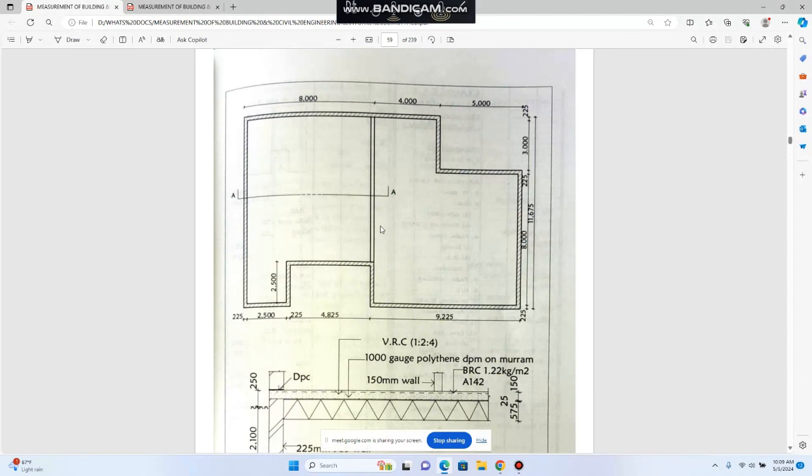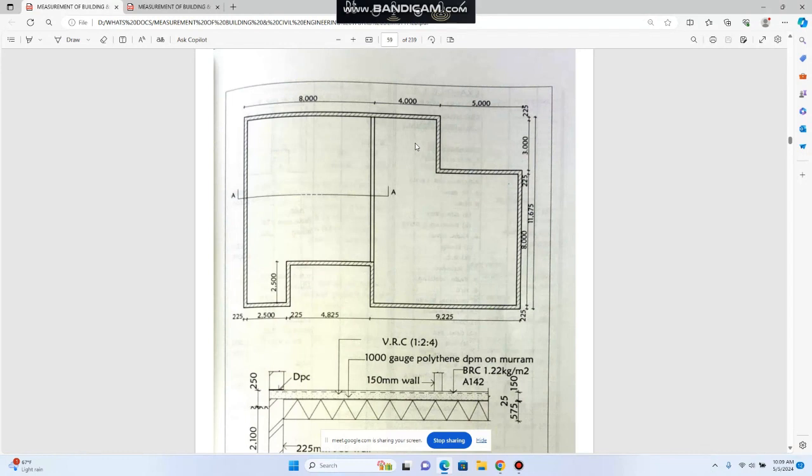So our plan today has dimensions, and the dimensions are labeled. From here up to here, it's 8,000 millimeters. So it is from outside the wall to outside this wall, it's 8,000. From inside this wall to outside this wall, you see this is outside, this is inside. I hope you can follow through using the mouse. Kindly, anytime you don't hear me, unmute your mic and alert me that you cannot hear me.